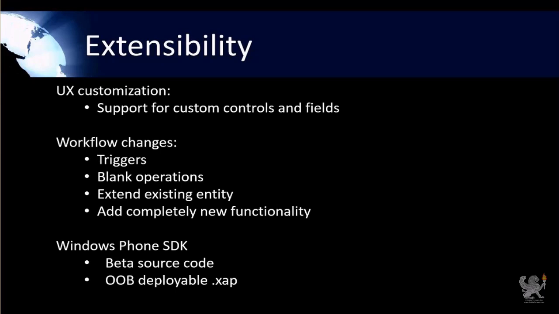Moving into extensibility, again, this is largely around the modern POS client, or MPOS as we'll call it. So we've added support for UI customization. This is one of the big areas that was missing from feature parity with Enterprise POS, was the ability to utilize a custom control in the UI, and then not only that, but to account for it during your UI configuration in the back office.